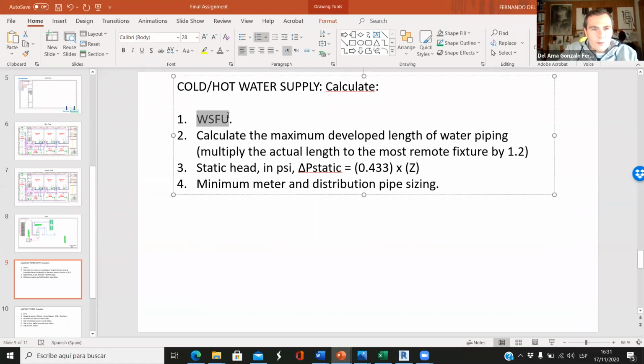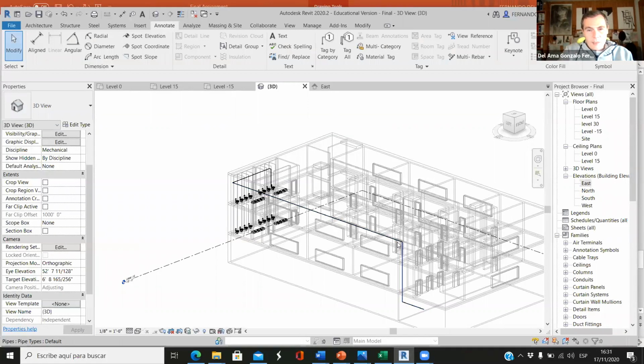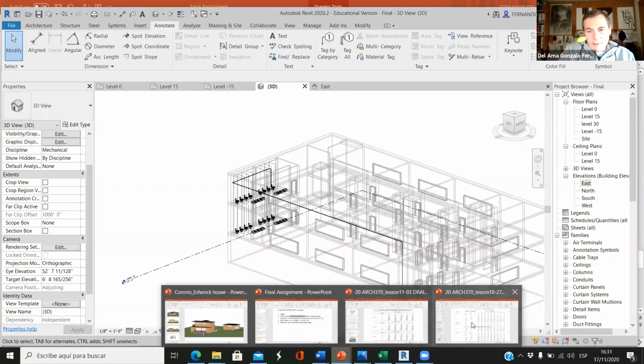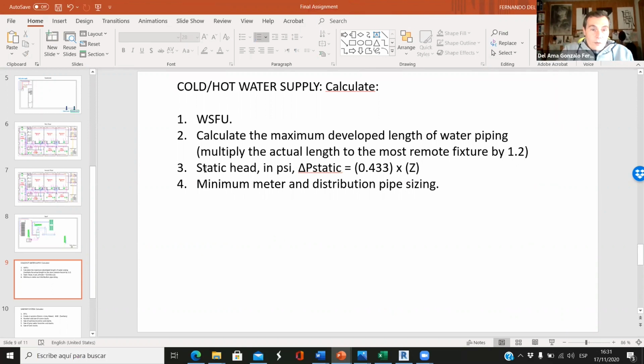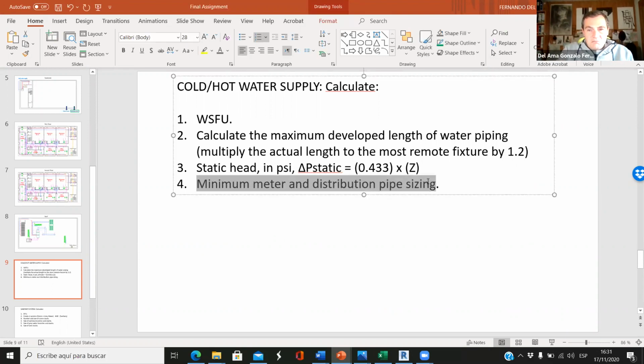Water supply fixture units is just counting the fixture units that we have for toilets and sinks. The maximum developed length, I told you, I haven't calculated it, but you have to add all these segments up, and then the total times 1.2 is the total length. The height is around 40, 41, 42 feet. And with all these values, you have to calculate that.